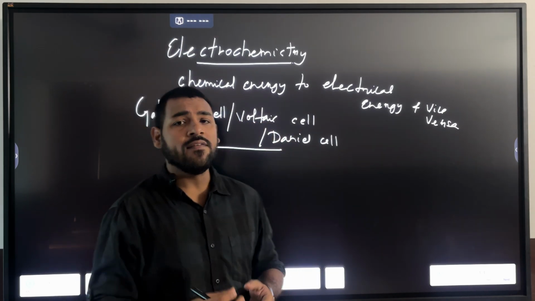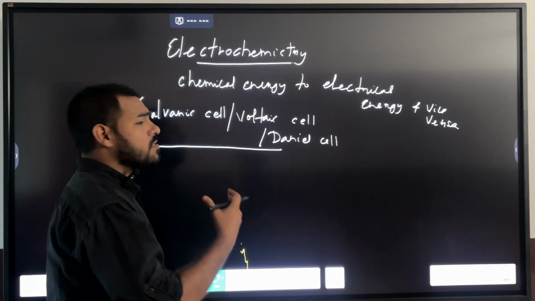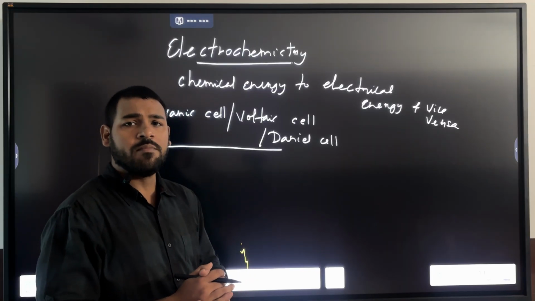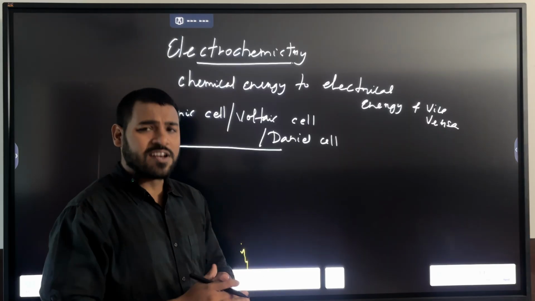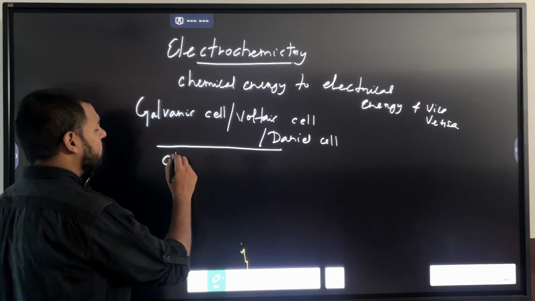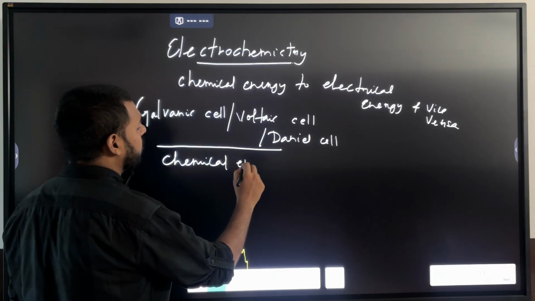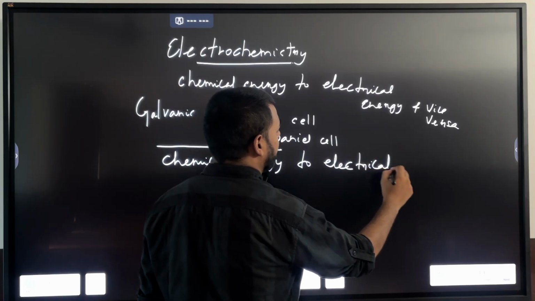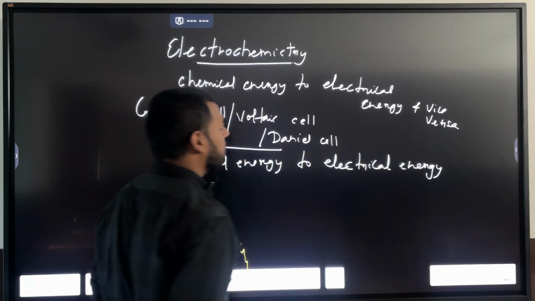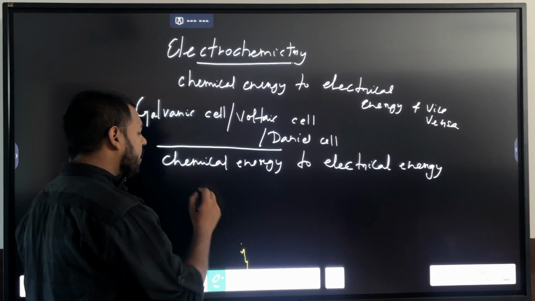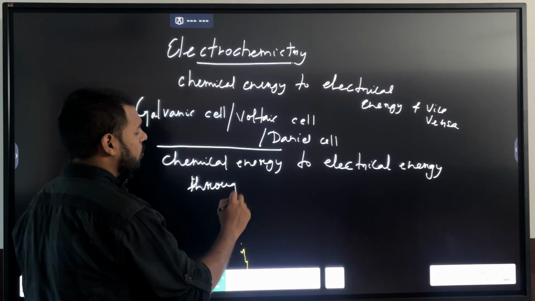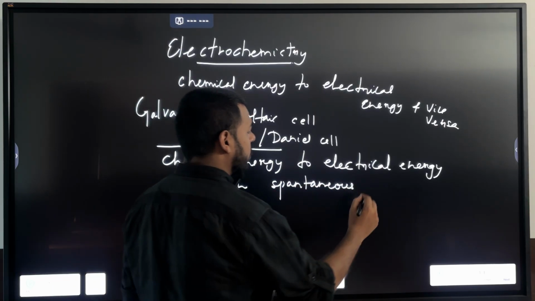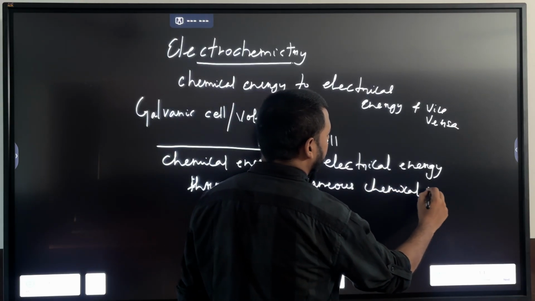In a galvanic cell, we use a simple spontaneous chemical reaction, which is stored in a chemical form of energy, and that energy is converted into electrical energy. Means in galvanic cell, we are converting chemical energy to electrical energy through a spontaneous chemical reaction.